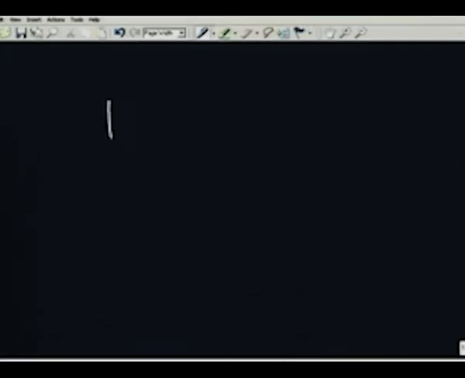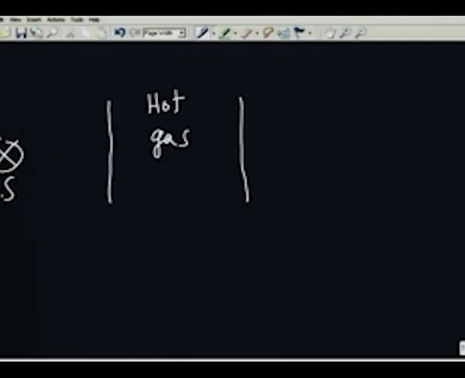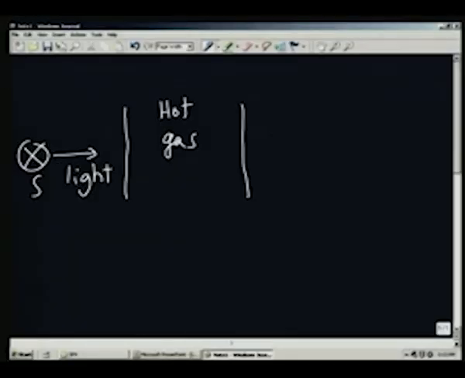Suppose I have a gas confined, this is a hot gas, and I have a source of light, and the emitted photons or emitted light is going to pass through the gas. And suppose I have a detector here, I will show it like this.